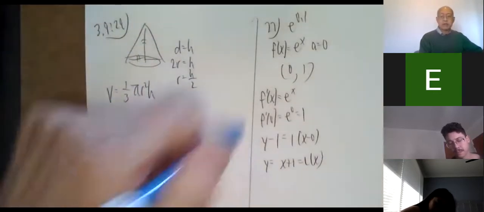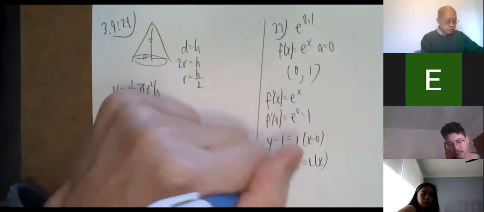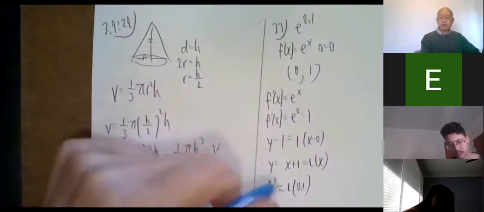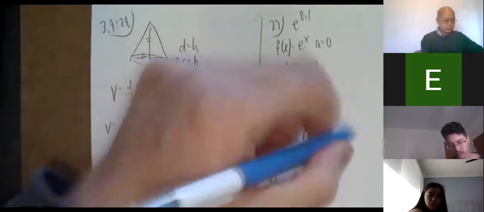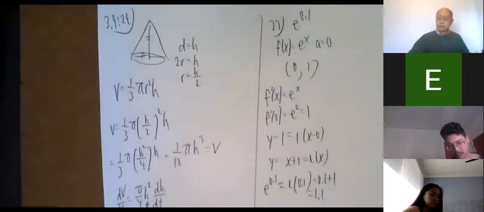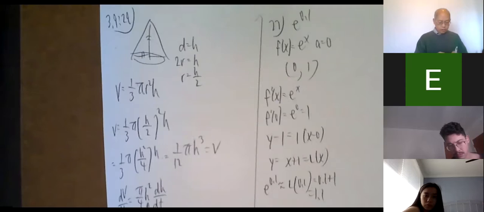So if I want an approximation of e to the 0.1, I just plug in here. So e to the 0.1 is approximately L of 0.1, which means I just plug in 0.1 here: 0.1 plus 1, which is 1.1. Okay, so 1.1.